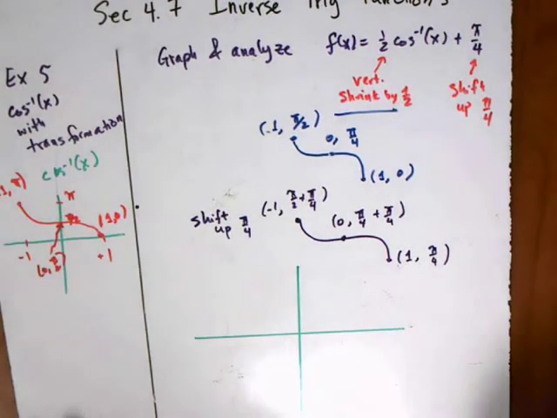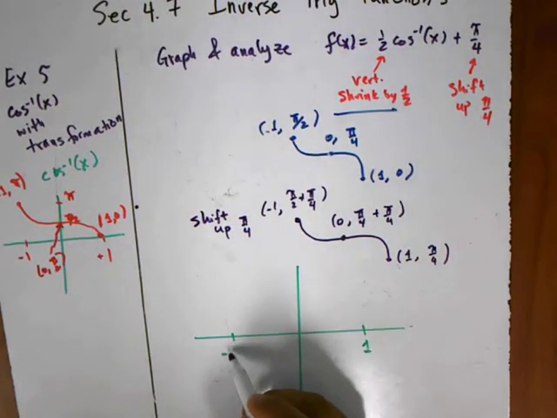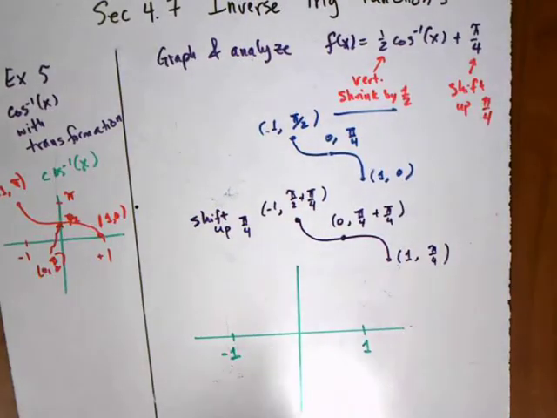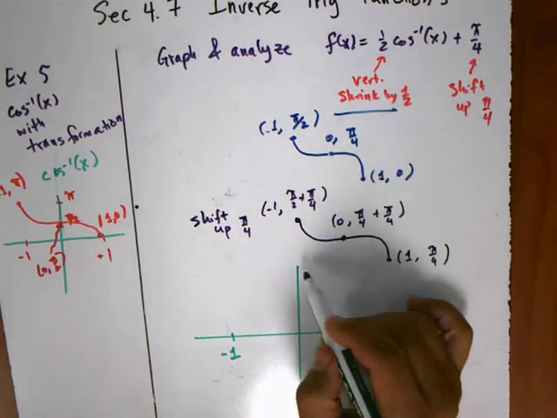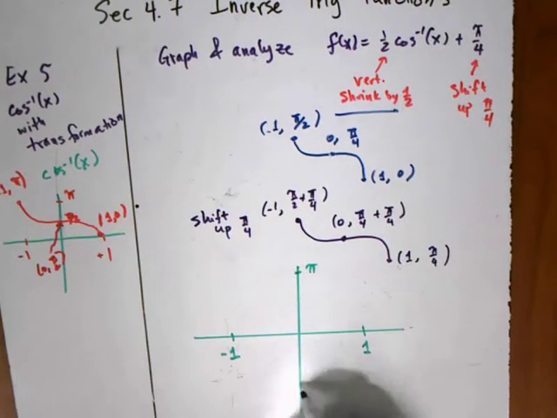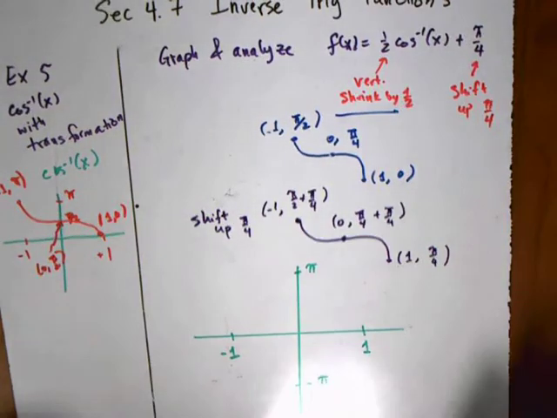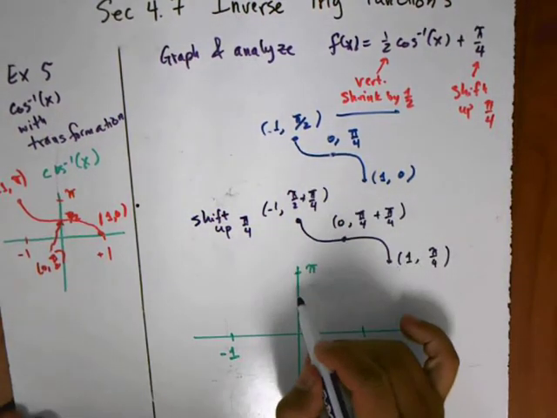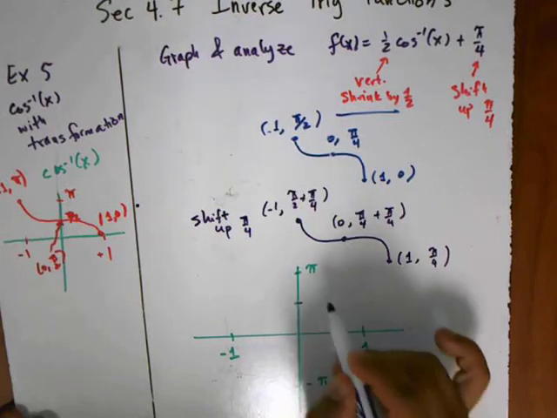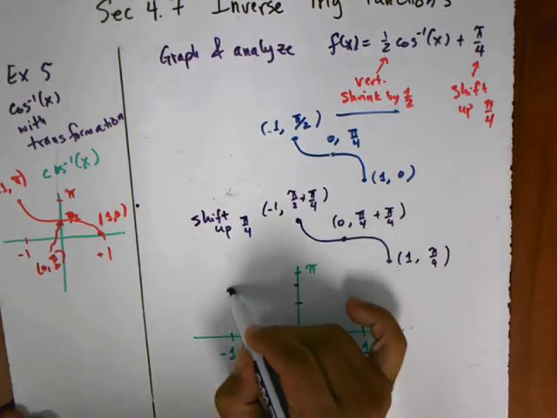So let's see. I need -1 and I need +1 to show up on the graph. I need the top to go a little bit higher, since it's still going to go to pi. And I know that this point up here is -1, 3 pi over 4, so that's about right here.